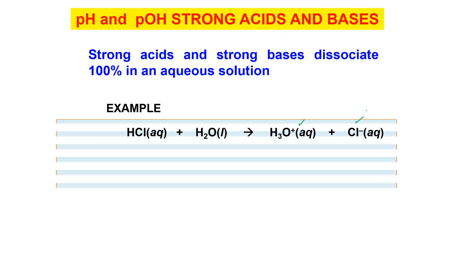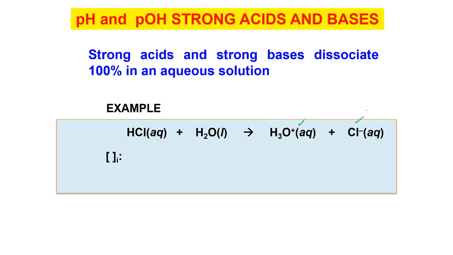So, let's say the initial concentration of the hydrochloric acid is 0.020 molar. So, the concentration of water is ignored or omitted. And initially, the concentration of hydronium ion and chloride ion is 0.